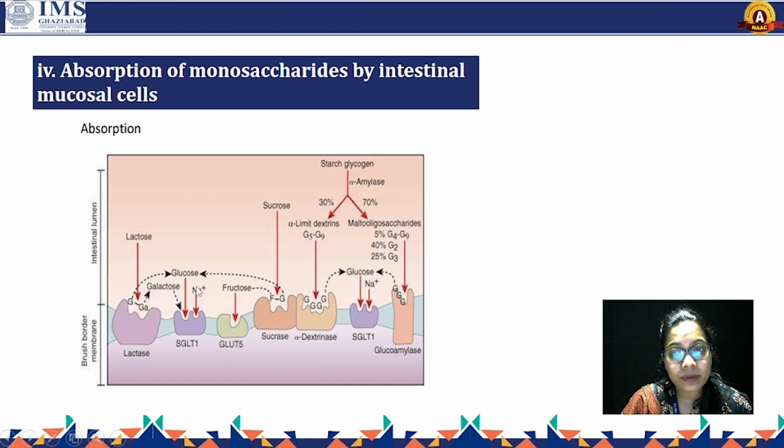Glucose will cross the brush border membrane with the help of SGLT1, and galactose the same process. So this is how the complex carbohydrate or polysaccharide is converted into the glucose molecule or simplest monosaccharide unit, and how it is transferred to the liver or blood circulation.